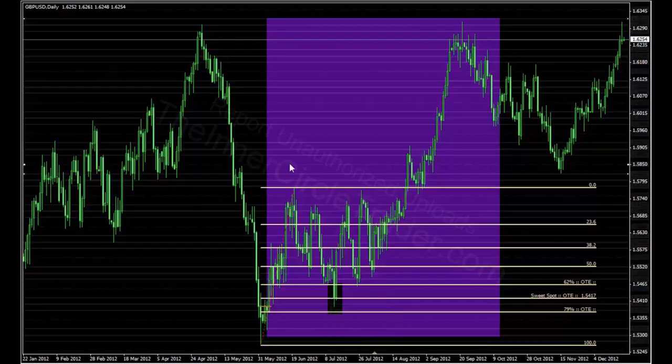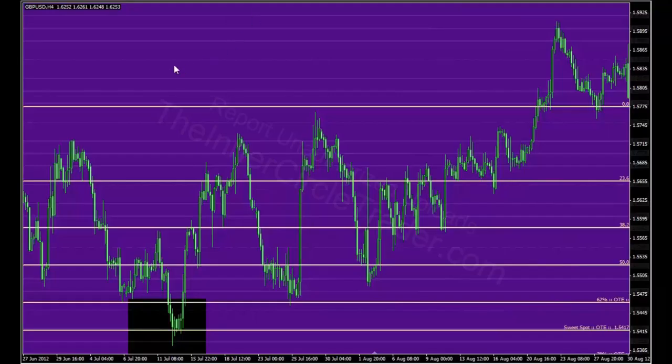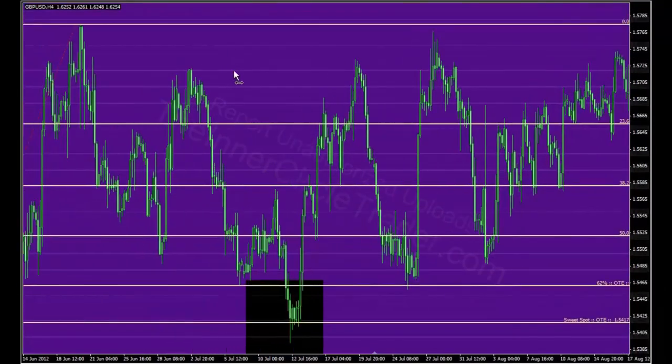So now let's drill into a 4 hour, which is the next chart that we utilize. Now we have that little area down in here. Now you're going to apply all the concepts we've already talked about. You see this low to this high in here?